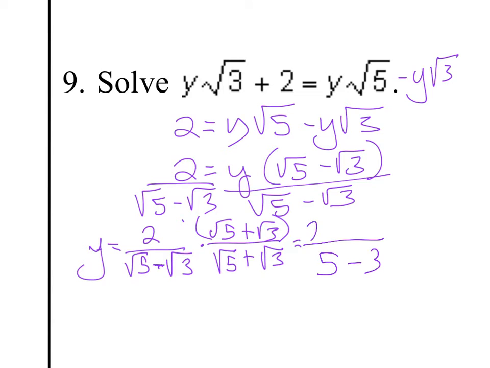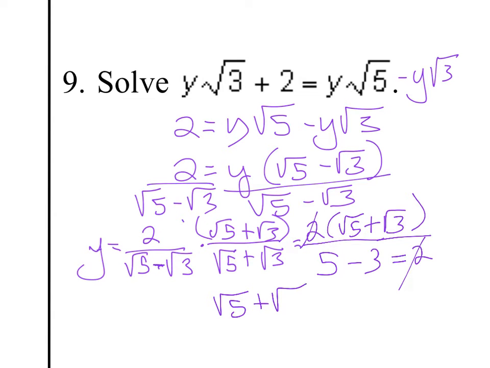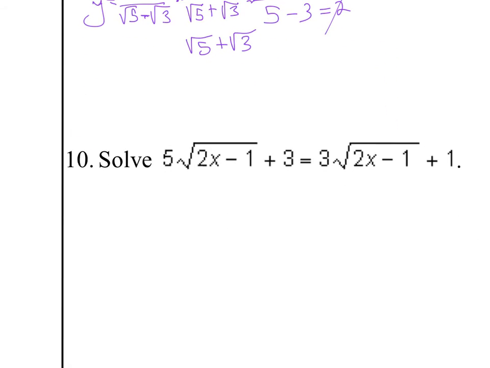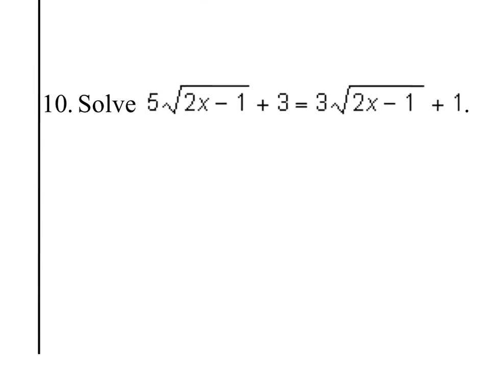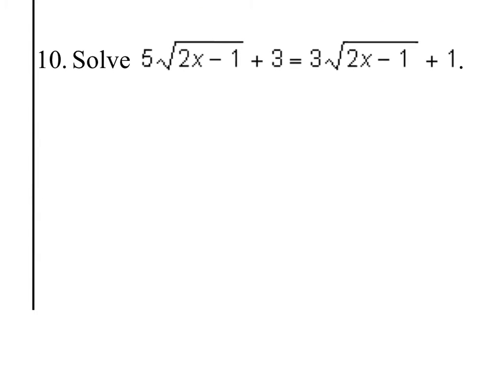My numerator, I'm going to leave the top 2, because notice my denominator is going to be 2. So I'm going to be able to cross those off, so that my final answer is merely root 5 plus root 3. Okay, let's get this all on the screen. There we go.